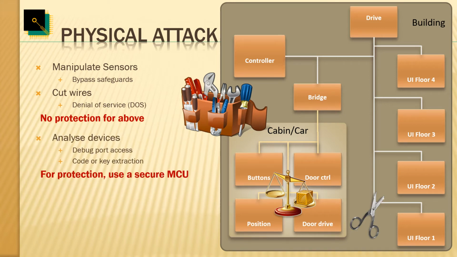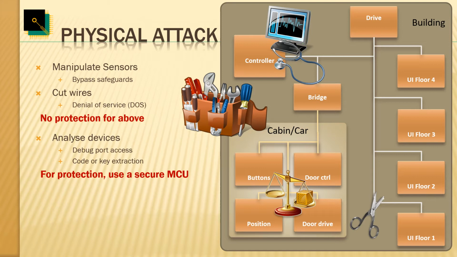Also, if somebody has their hands on the electronic units, they can do in-depth analysis, try to use the debug port, or maybe send in individual chips for code or key extraction. And also here we have no protection on the CAN side, just the recommendation that you use a secure microcontroller unit where such sort of extractions are much more difficult.